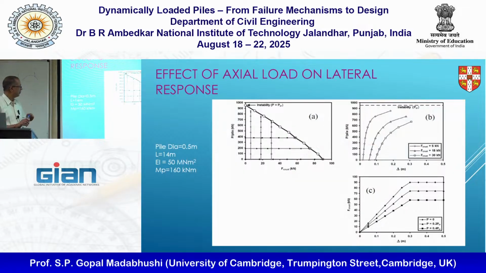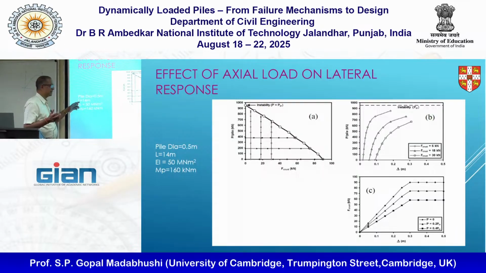Then we want to see how we can use this in design. So let's consider a pile, half a meter diameter, length maybe 14 meters. When I say length, I mean length in the liquefiable layer, EI of say 50 meganewton meter squared, a round number, MP of about 160 kilonewton meter.